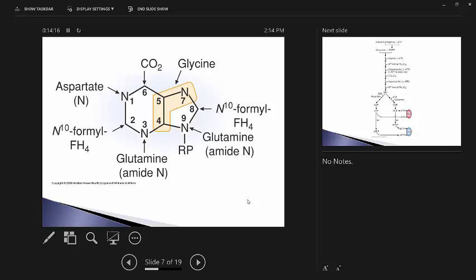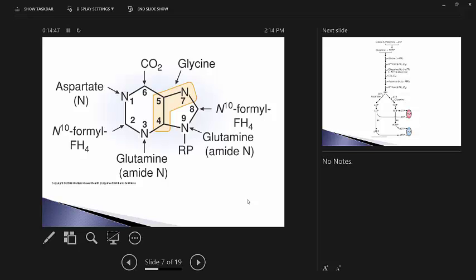Now, the first thing we're going to do, and we'll go over this later as well, is that the amide nitrogen of glutamine is going to go on to ribose 5-phosphate. So I've got ribose 5-phosphate with a nitrogen on it. That amino group is now coming from the amide amino.